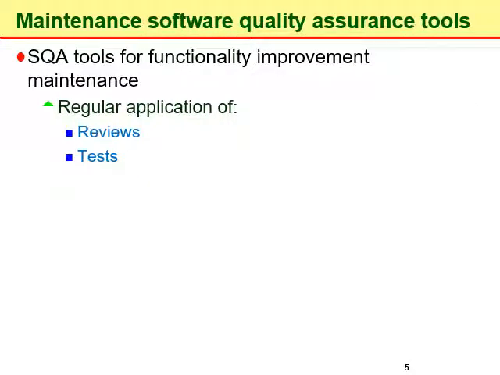Then SQ tools for functionality improvement maintenance. Due to the similarity of functionality improvement maintenance tasks to software development project tasks, project lifecycle quality tools such as reviews and testing are regularly applied for functionality improvement maintenance as well.